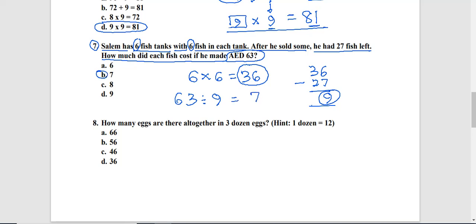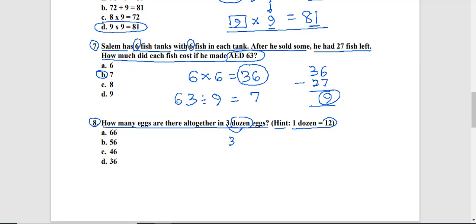Question number 8. How many eggs are there altogether in 3 dozen eggs? Here is a very important word, dozen. There is a hint given, 1 dozen equals 12. So what will be 3 dozens?